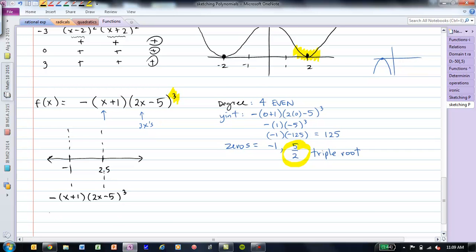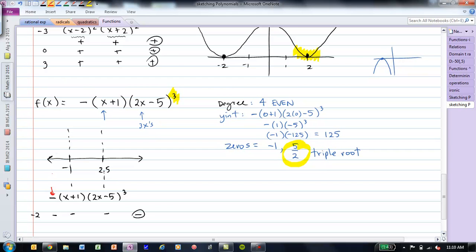No matter what number we choose, the first part is always negative because of the negative out front. If we choose negative 2, this first term is negative, this next term is negative, and this last term gives us negative 4 minus 5, which is negative 9, cubed, which is negative. So this whole thing ends up being negative.